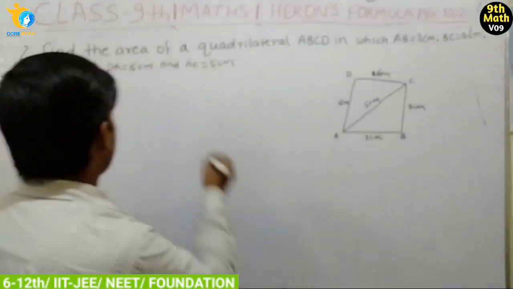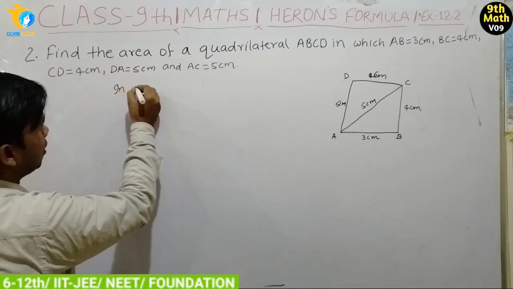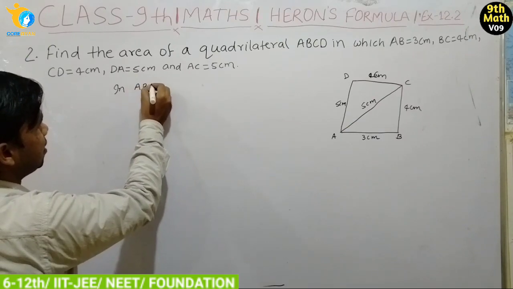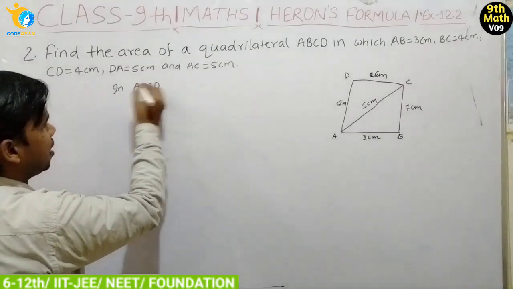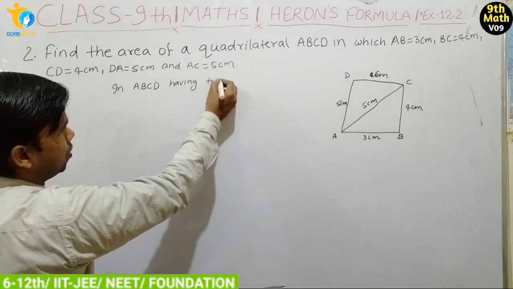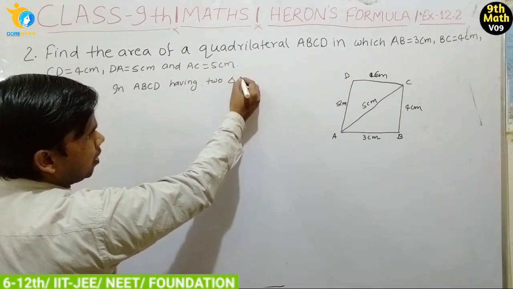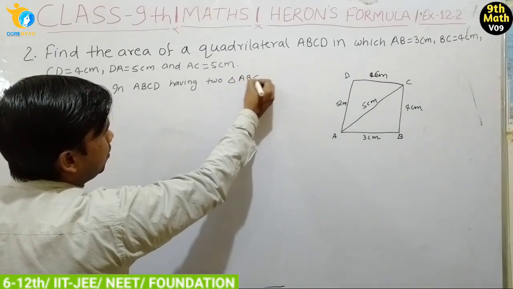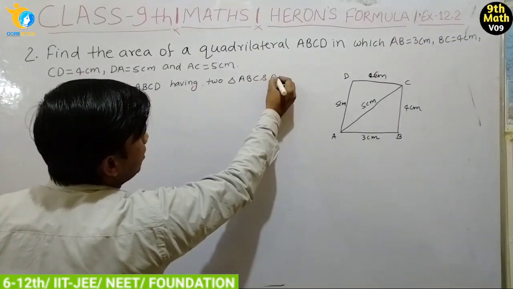So in quadrilateral ABCD, we have two triangles, ABC and ACD.